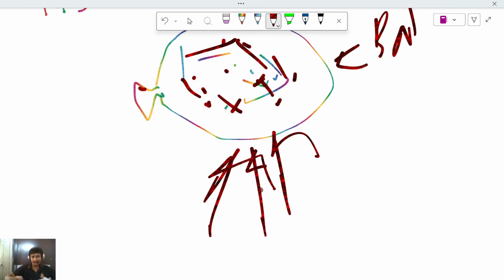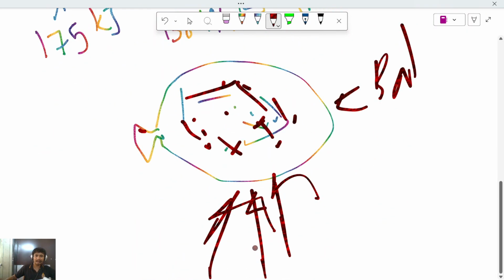Please assume that we give heat energy to our balloon. If we input heat energy to the balloon, the gas inside the balloon will absorb the heat.